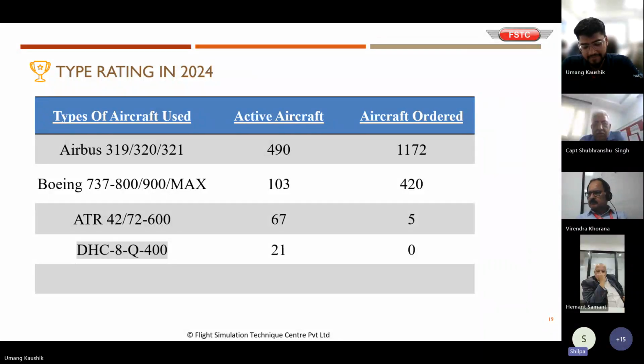So the only option I'm left with is Indigo and the Spice. The Go Air has gone. Spice would not be my first preference. So the only option I'll be left with is Indigo. And if I go for type rating on 737, I have more options available, comparatively.